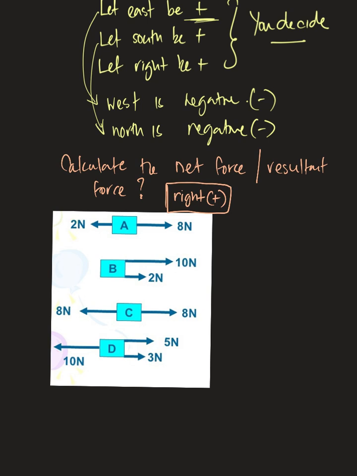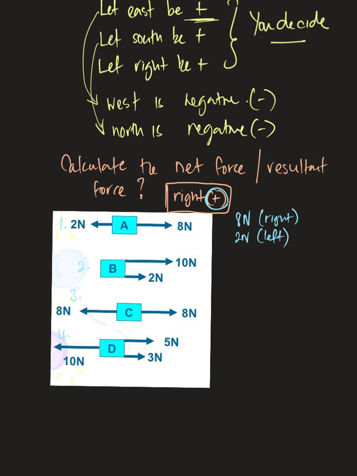All right, so these are all forces. Let's look at the first one. It has an 8 Newton force moving to the right and a 2 Newton force moving to the left. Every time I see something moving to the right, it must be positive. Let's number these question 1, question 2, question 3, question 4.